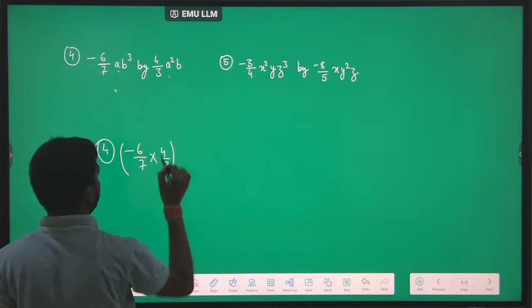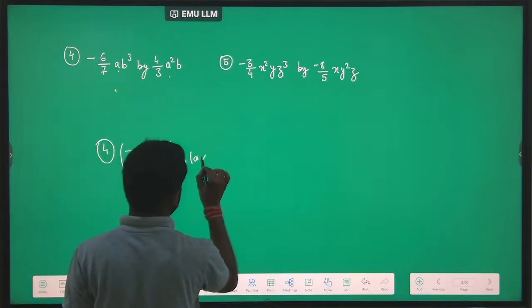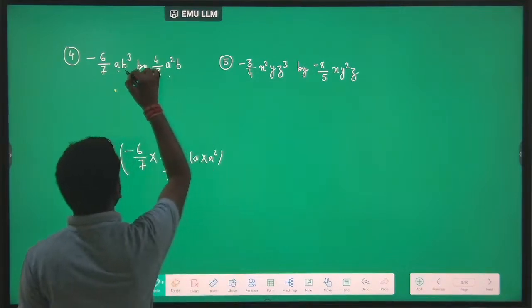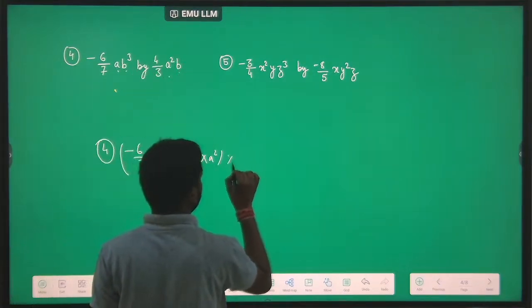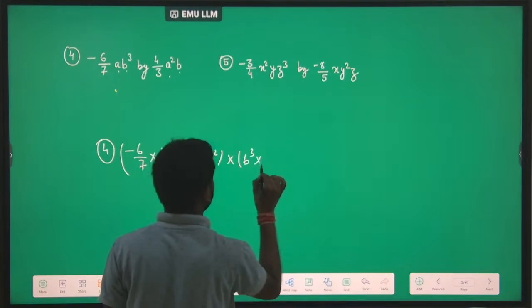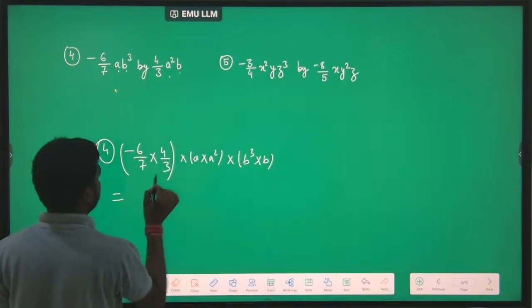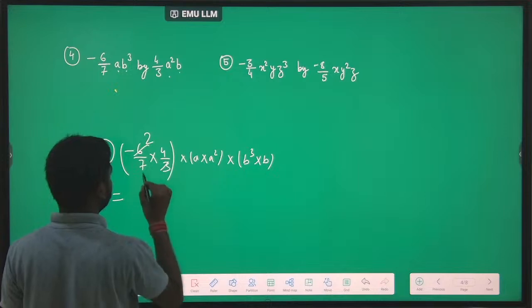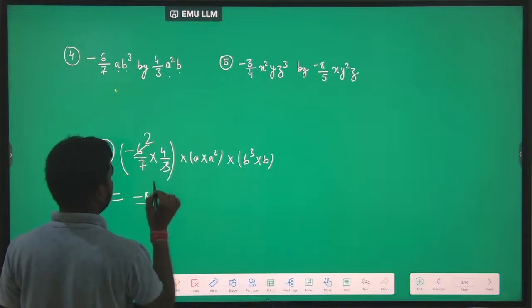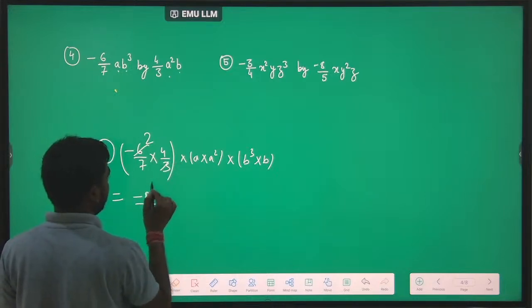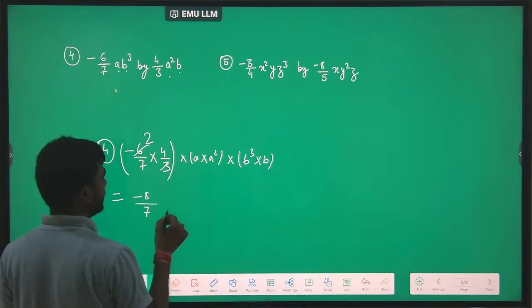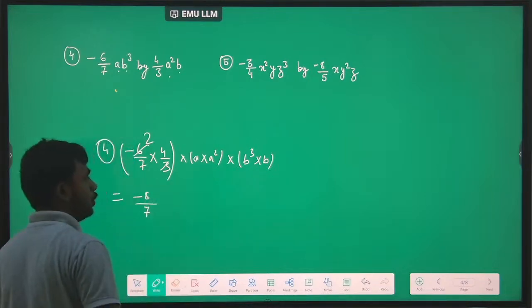And this a will be multiplied with a square and this b cube will be multiplied with b. So what we will get? The numerator will be multiplied with numerator, so it will be minus 8, and in the denominator we will get 7. So it will be minus 8 upon 7.